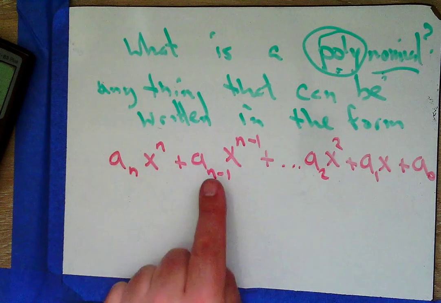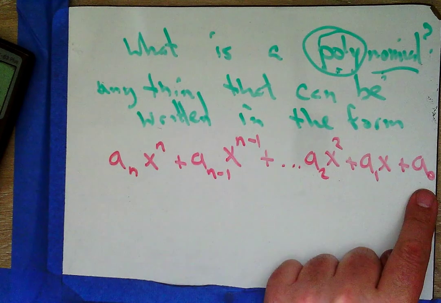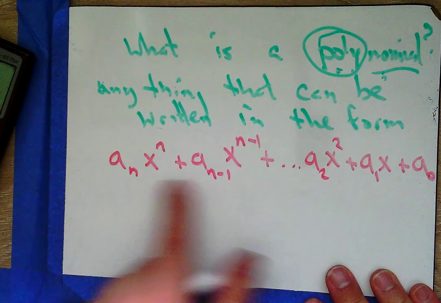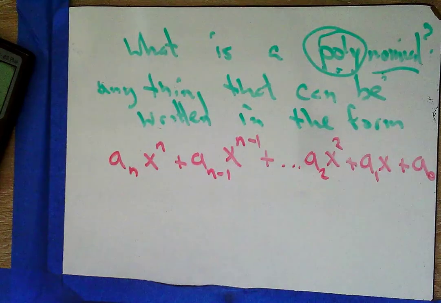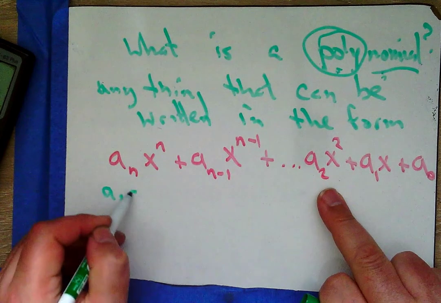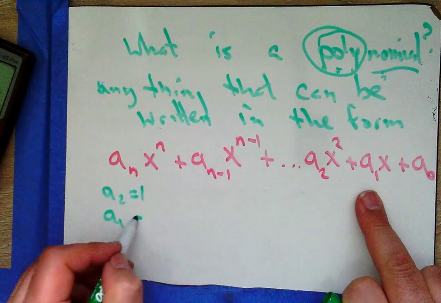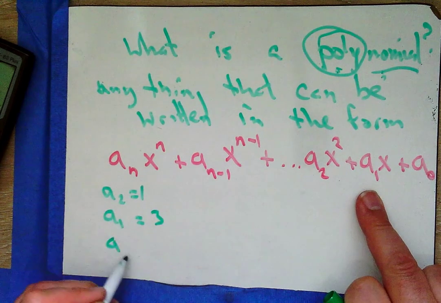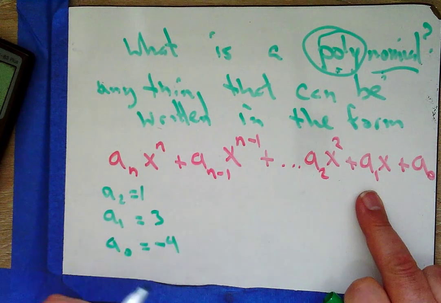Now, since these are numbers, what if I made all the a subs 0 until I got to here, when I made a sub 2 equal to 1, a sub 1 equal to 3, and a sub 0 equal to minus 4.